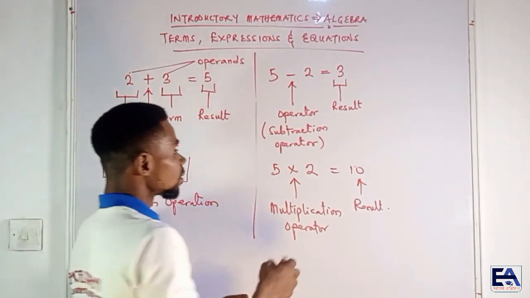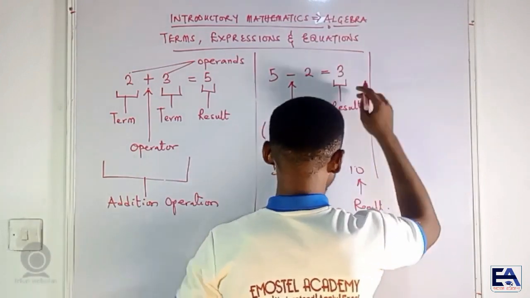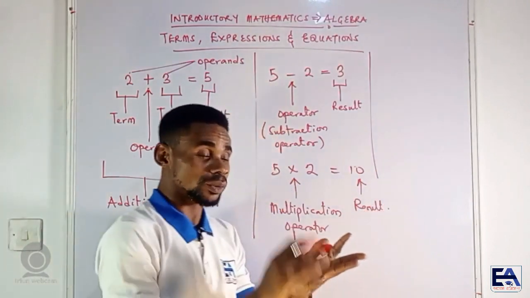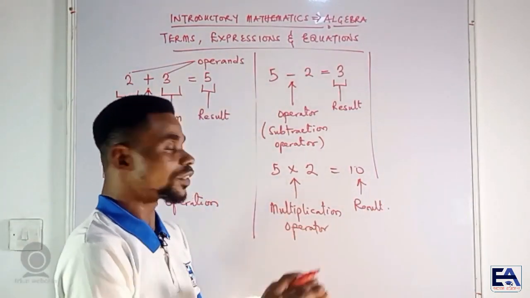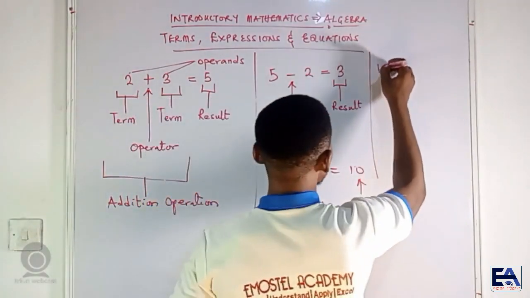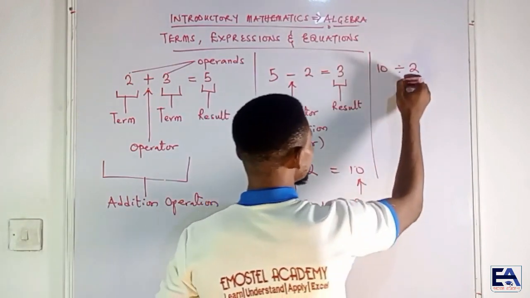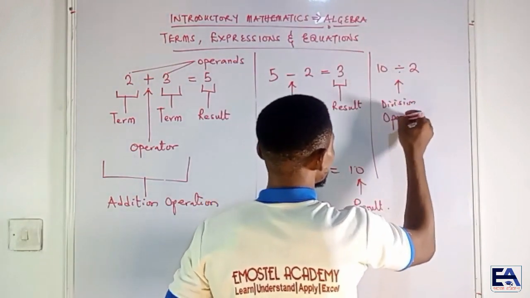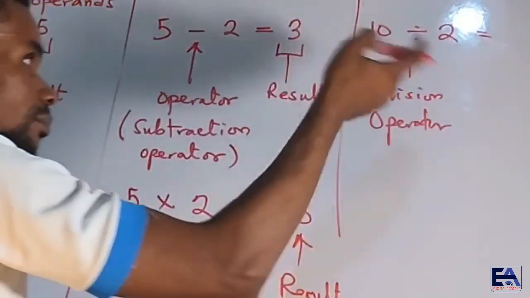So the last one to be talked about here, from the 4 basic operators in mathematics, which are the addition operator, the subtraction operator, the multiplication operator, and the division operator. If you have something like 10 divided by 2, this is the division operator, and its work is to divide.